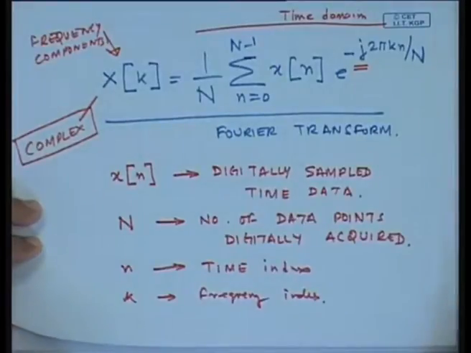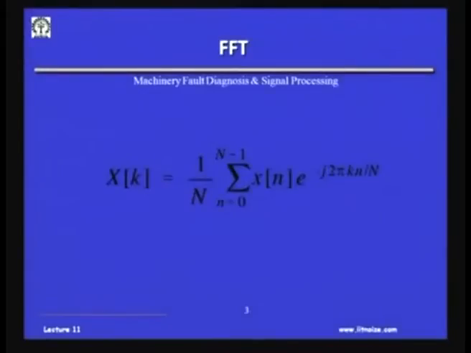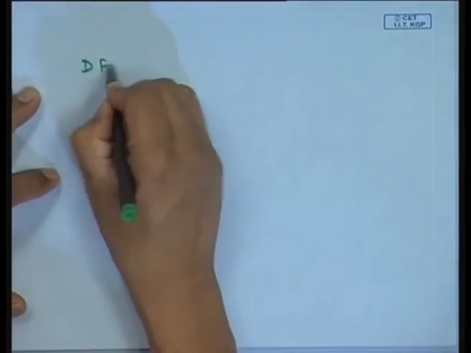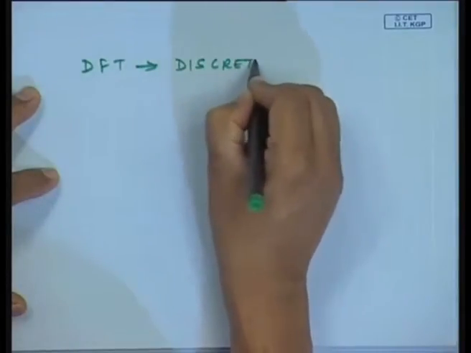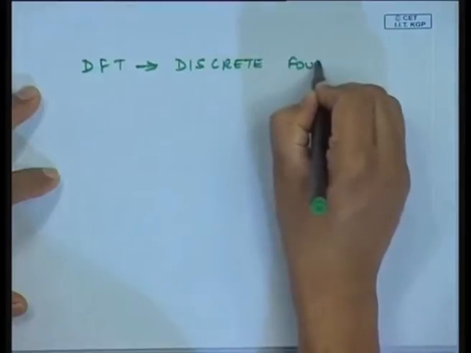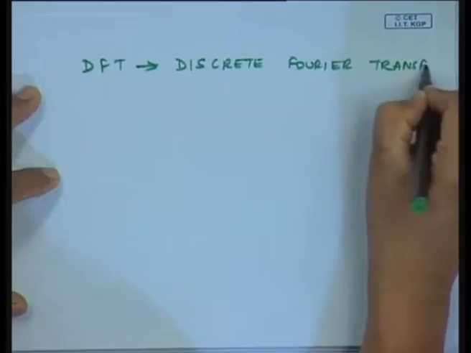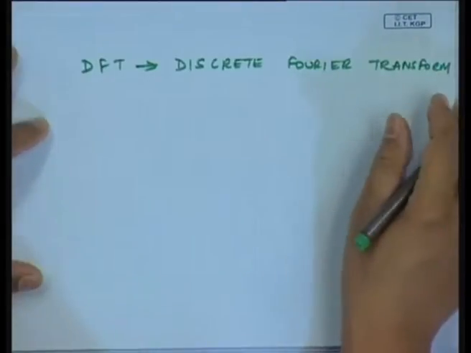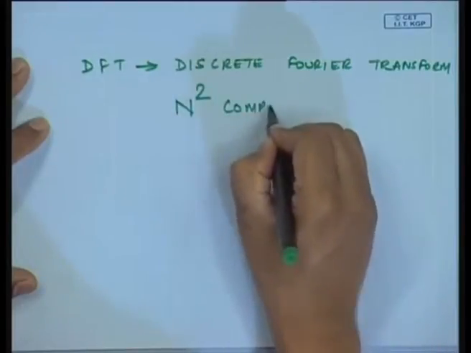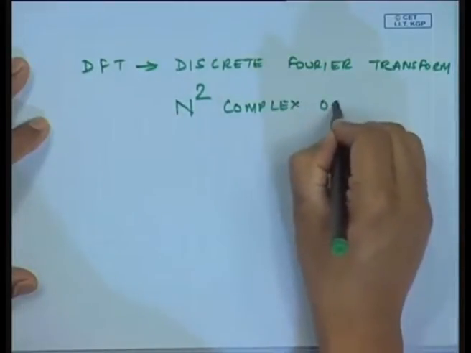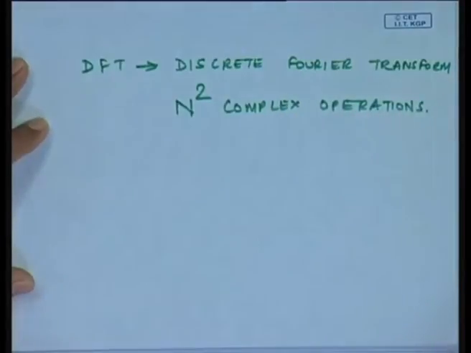Actually, if you look into the number of operations in this DFT, discrete Fourier transform, there are N square complex operations. Okay.